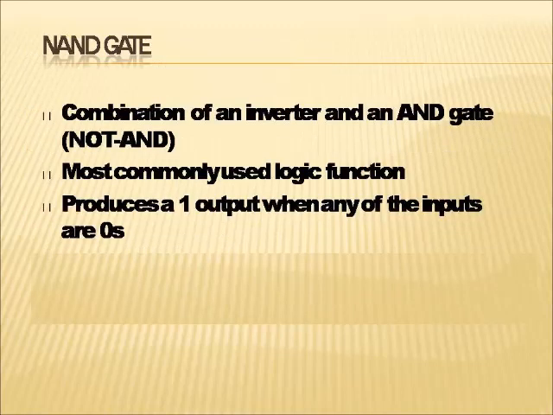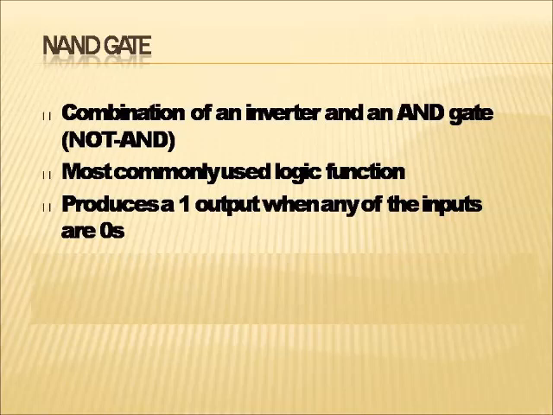Here you can see the details of a NAND gate. NAND gate, as we know, belongs to the universal gates. It is a combination circuit of a NOT gate and an AND gate.